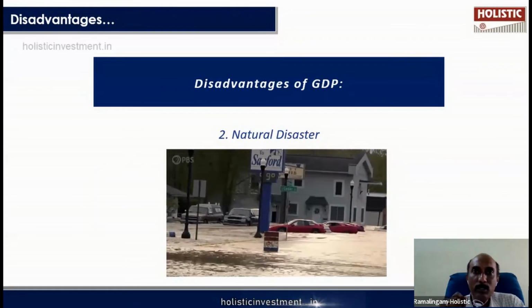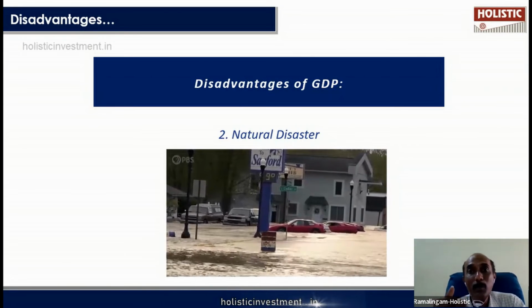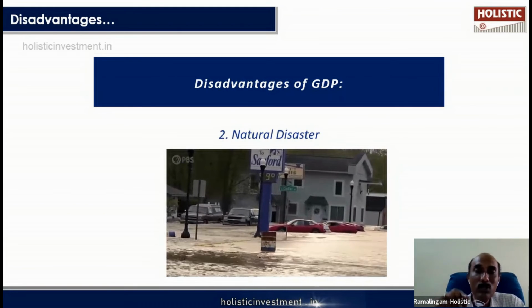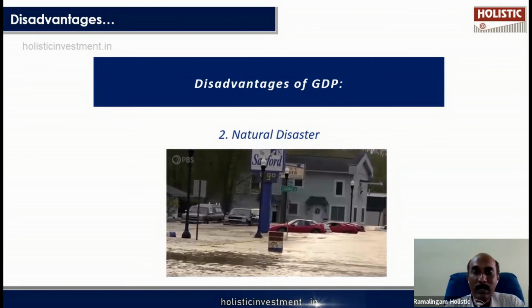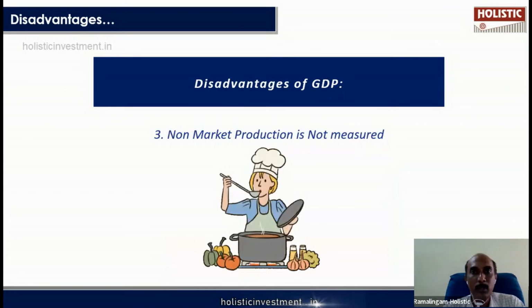Because of natural disaster followed by boosting subsidies given by the government, if the GDP is going up, we can't take it as a real GDP growth, or we can't take it as a real economic growth. When you are deciding the health of the economy based on the GDP, we can't say it is a firm growth. It is because of the temporary relaxation given by the government.